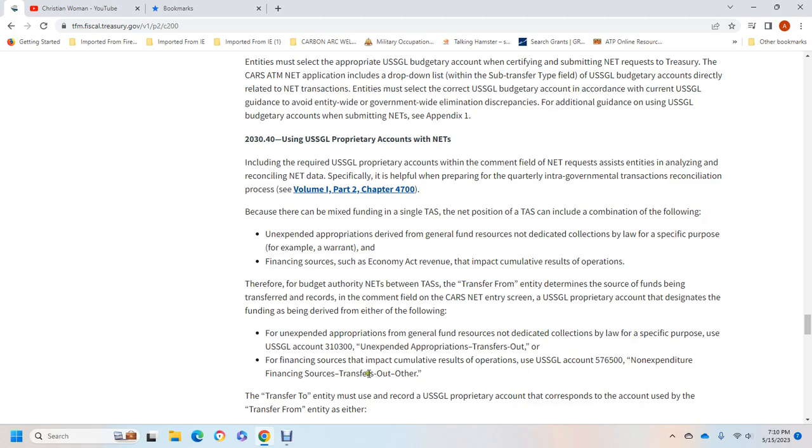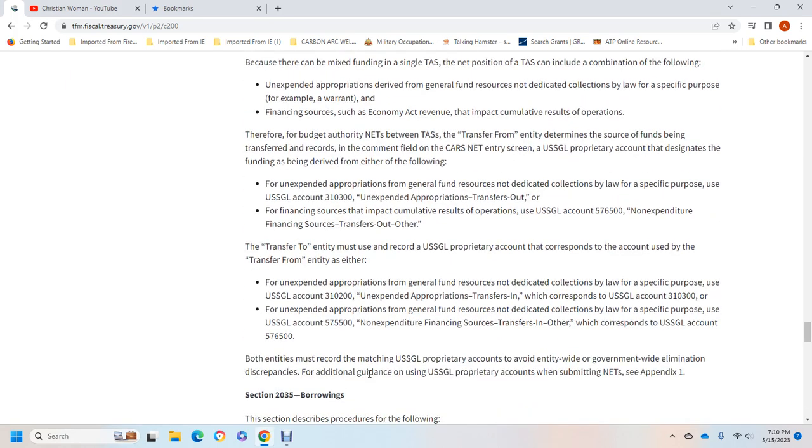576 non-expenditure financing. So for the transfer other out, the transfer to and the entity must have either the record of the USSGL of the proprietary account with the corresponding account, either of the transfer and either the expenditure operate, for the general fund and for the non-dedicated collections by law purposes of the USSGL 310 200 unexpended operation transfer, with the corresponding USSGL amount 310 300, or for expenditure unexpended operation for the general fund resource for the non-dedicated collections by law with specific purpose of the USSGL account 575 500 non-expenditure financial source transfer and others, corresponding USSGL account 576 500.